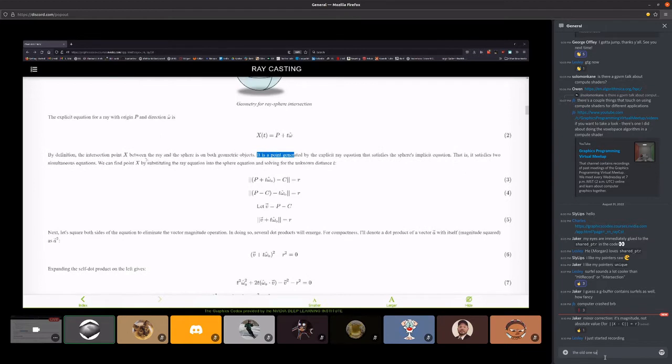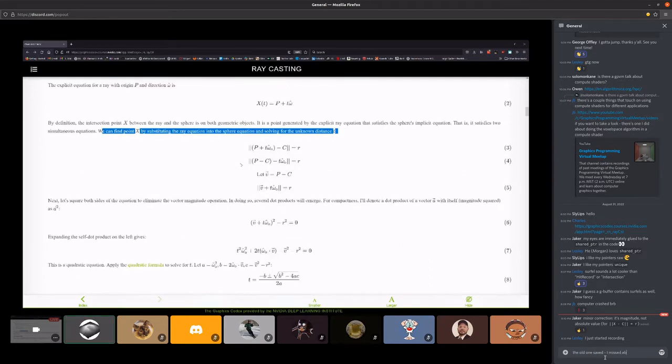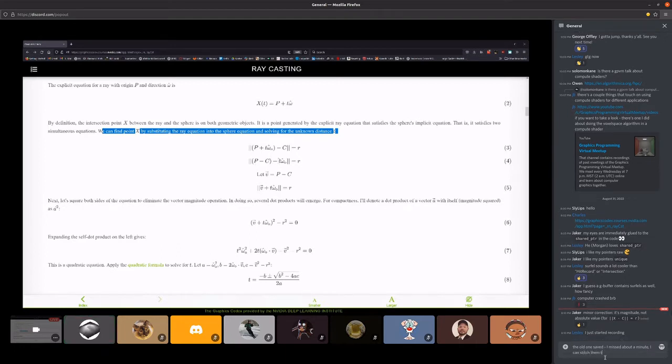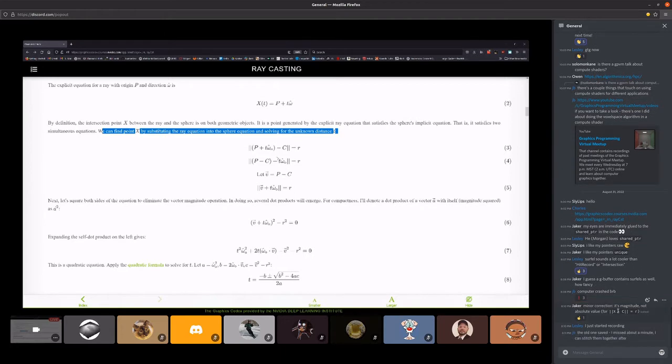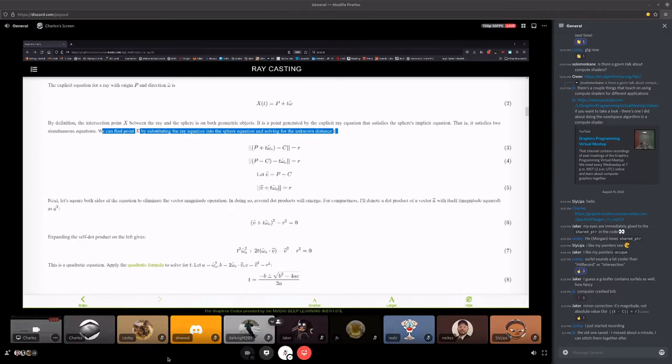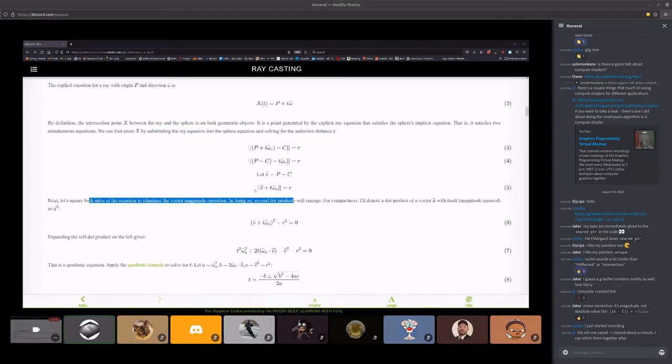Let's keep reading. Yes. So we substitute it and then simplify. So vector v is equal to P minus C. Okay, we want to get rid of this absolute value, so we square both sides, and then we can move the r over to the other side.